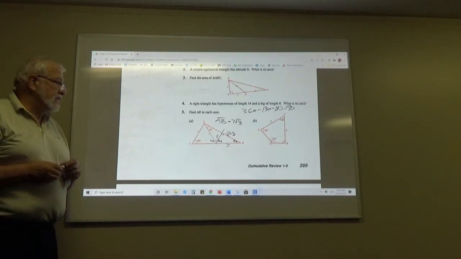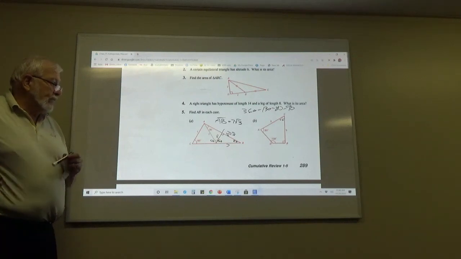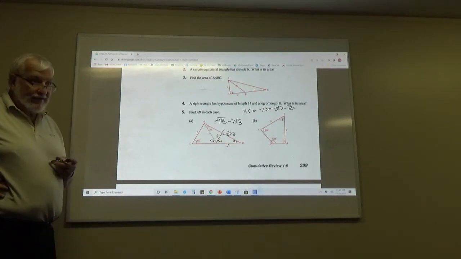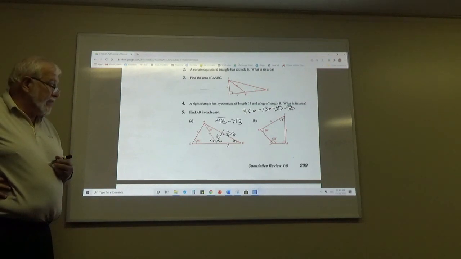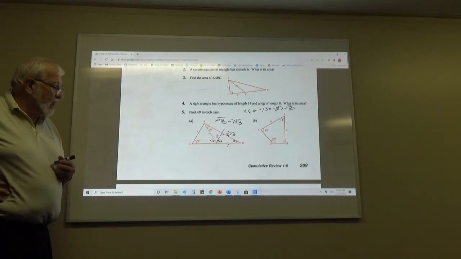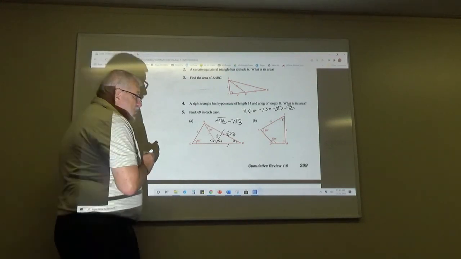This calculator is weird. I don't understand. Isn't it 60? A to B is a diagonal.